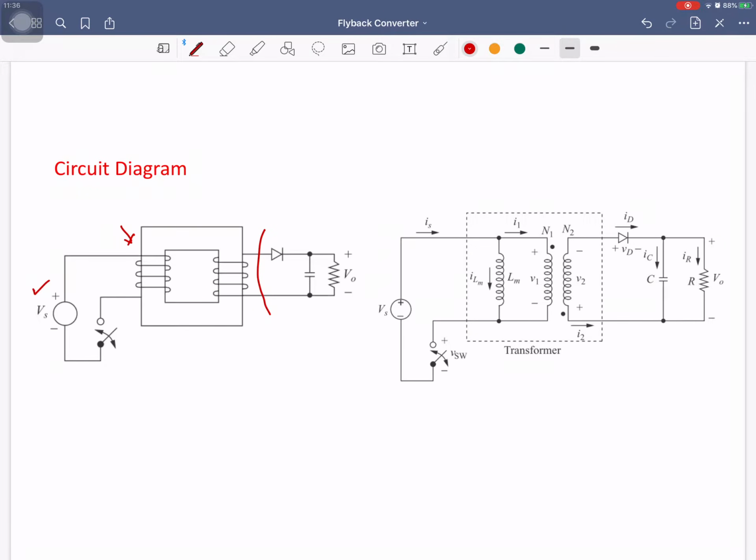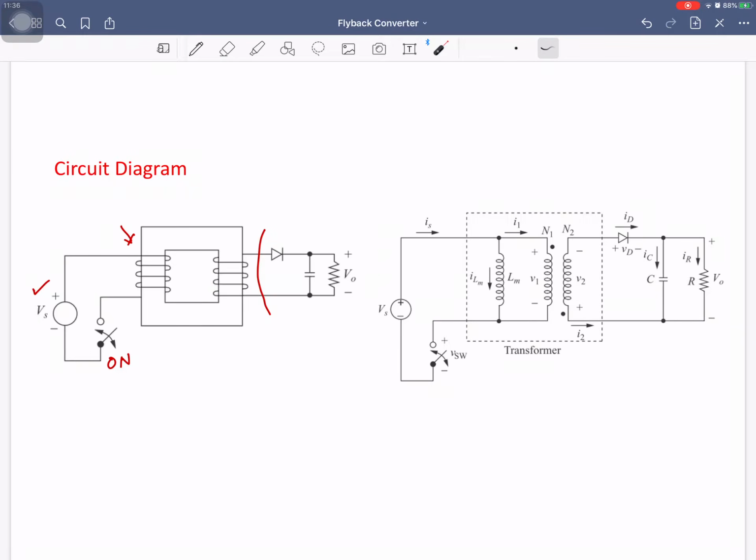So the primary winding takes the energy from the source when your switch is in the on state, and when your switch is in the off state, the energy stored in the inductance is transferred to your secondary winding or to the load.